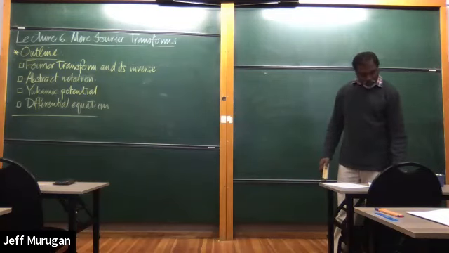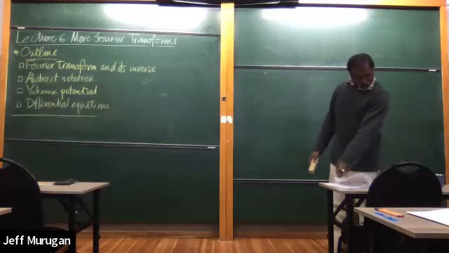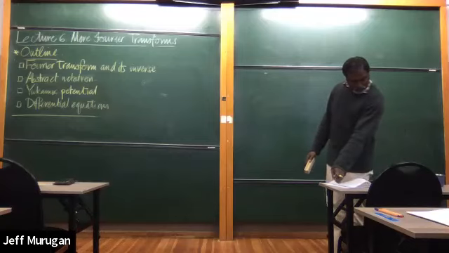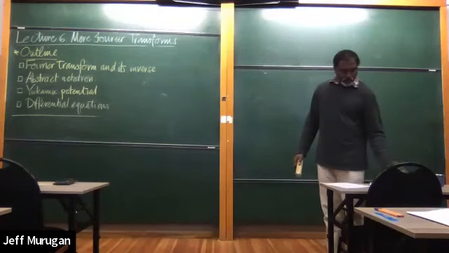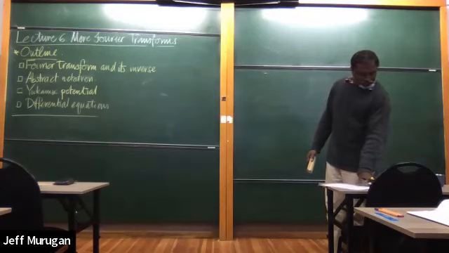All right, so how did I define the Fourier transform? What's that? Minus i omega t, plus.